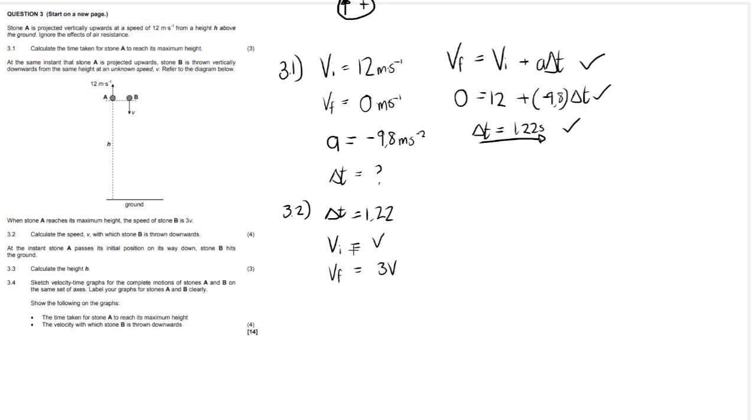Now, bearing in mind that we still have upwards as positive, we will need to say that it is negative v and negative 3v if we are keeping upwards as positive. Do we know the acceleration? Yes, of course we know the acceleration. It would be negative 9.8 meters per second squared. Do we have a formula that we can use that includes these four values?